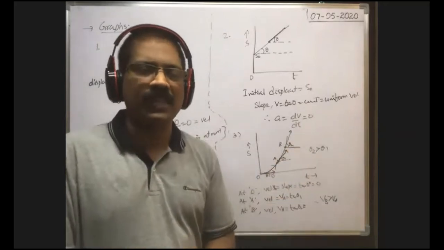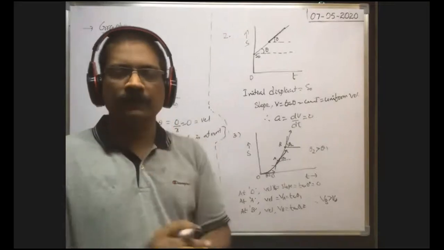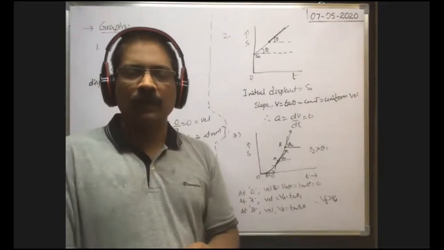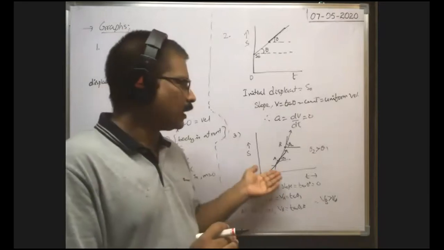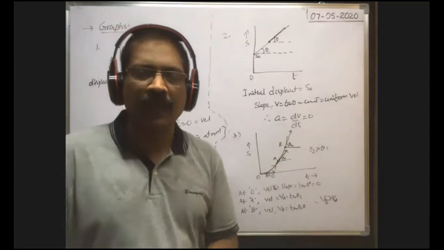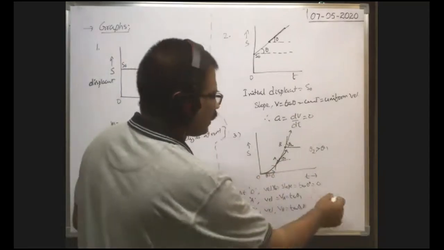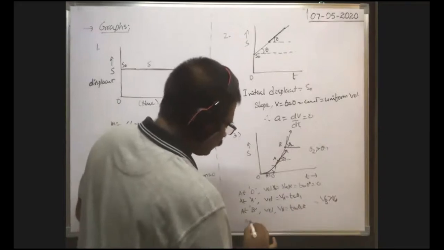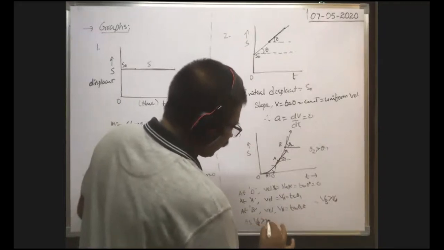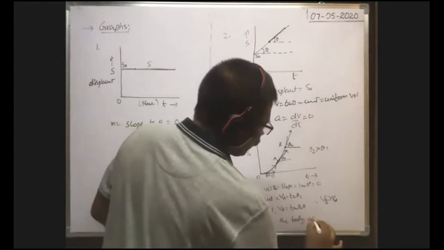Whenever the velocity of the body goes on increasing, does the body possess positive acceleration or negative acceleration? Acceleration is positive, very good. So this indicates as VB is greater than VA, the body accelerates.